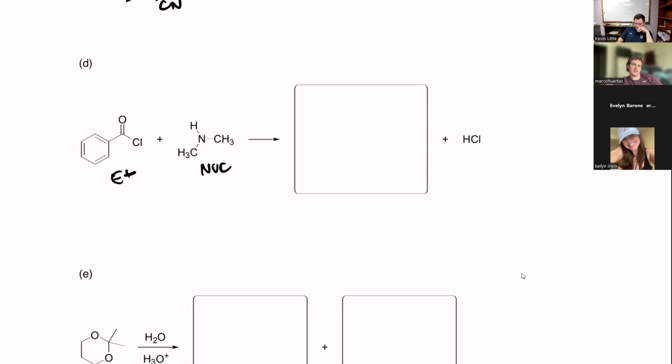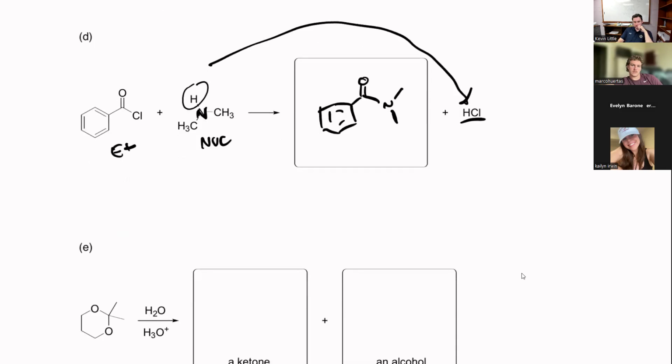Substitution. Done. Substitute this in, out for the Cl. It deprotonates the N, that H goes here, the Cl. Done.